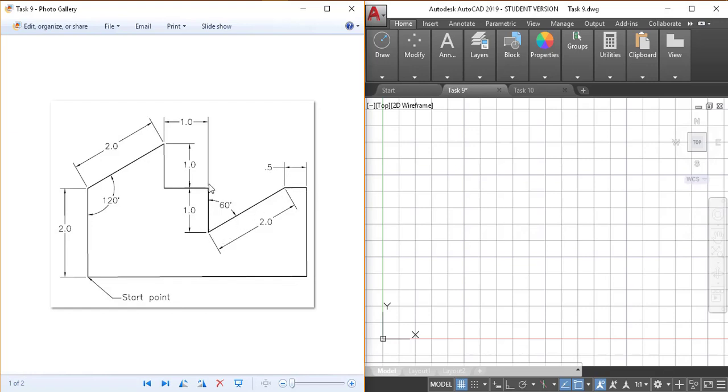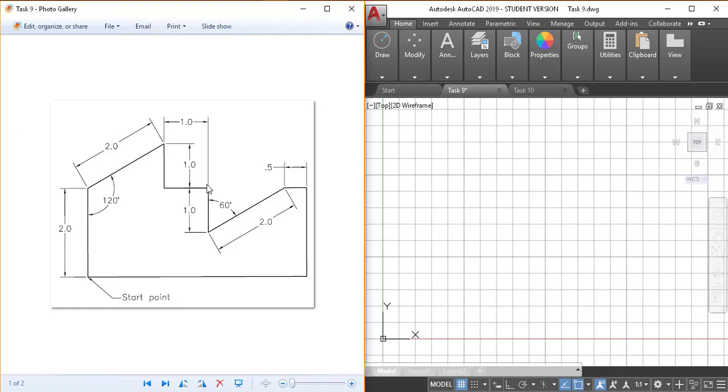Since there are no coordinates given, we cannot use the absolute coordinate system. So the only choice we are left with is a relative coordinate system, either the relative Cartesian coordinate system or the relative polar coordinate system. In this sort of situation, I will recommend using the relative polar coordinate system.